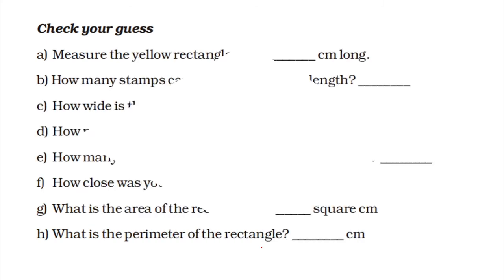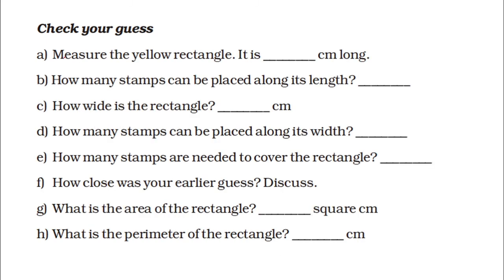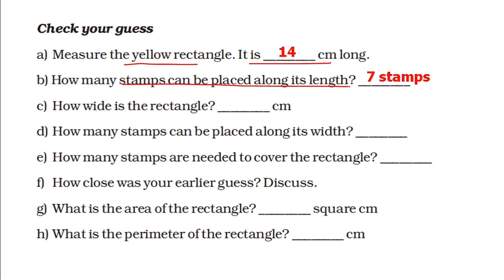So let us see the answers. Measure the yellow rectangle. Its length is 14 centimeter. How many stamps can be placed along its length? 7 stamps. How wide is the rectangle? 8 centimeter.